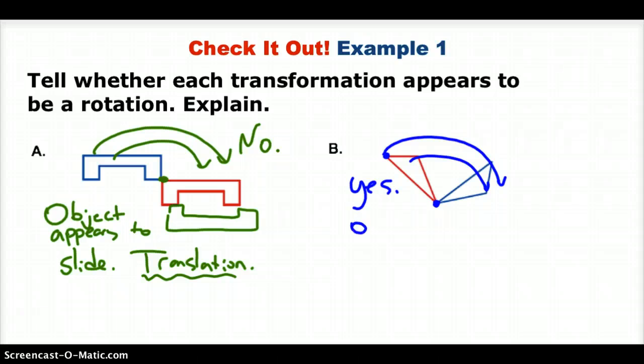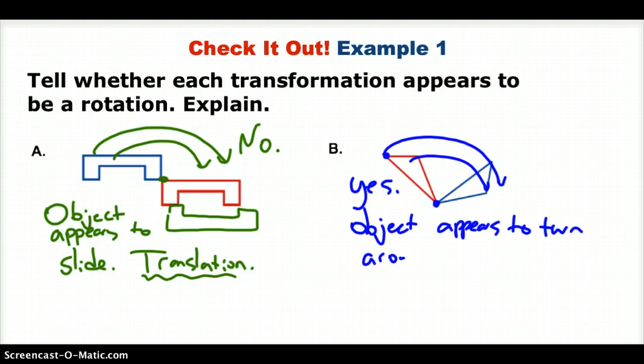Okay, we can say just that the object appears to turn around a fixed point. Fixed point meaning, again, does not actually move. Okay? All right, so perfect. In the next few examples, we'll take a look at some rotations in the coordinate plane and discuss the important rules that exist when we perform rotations.